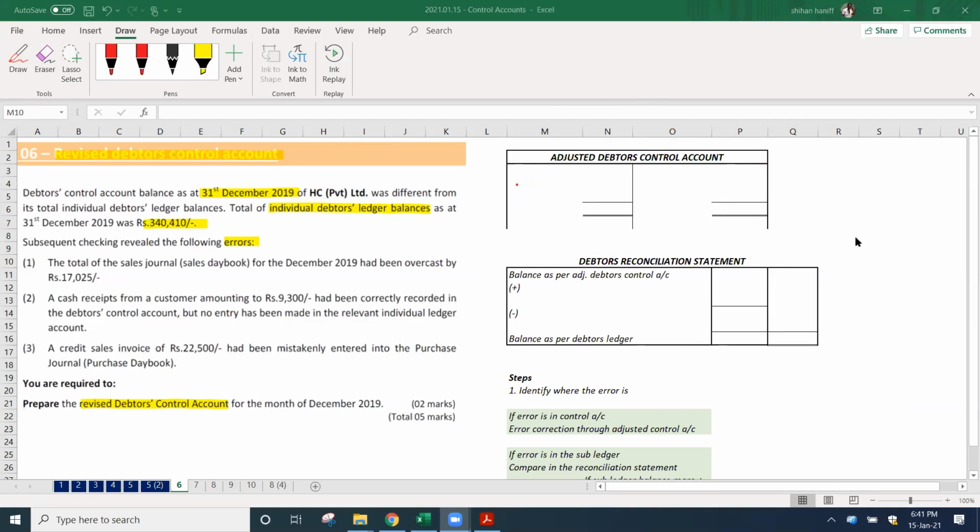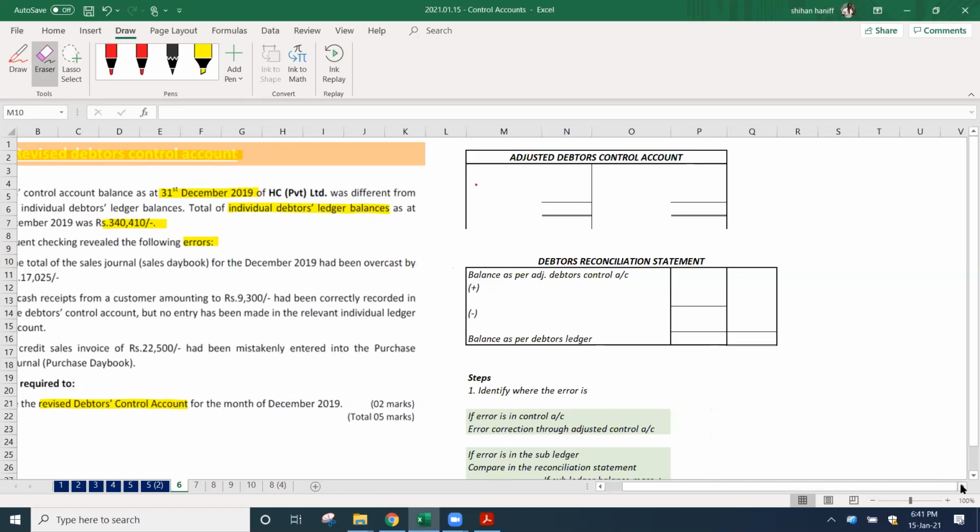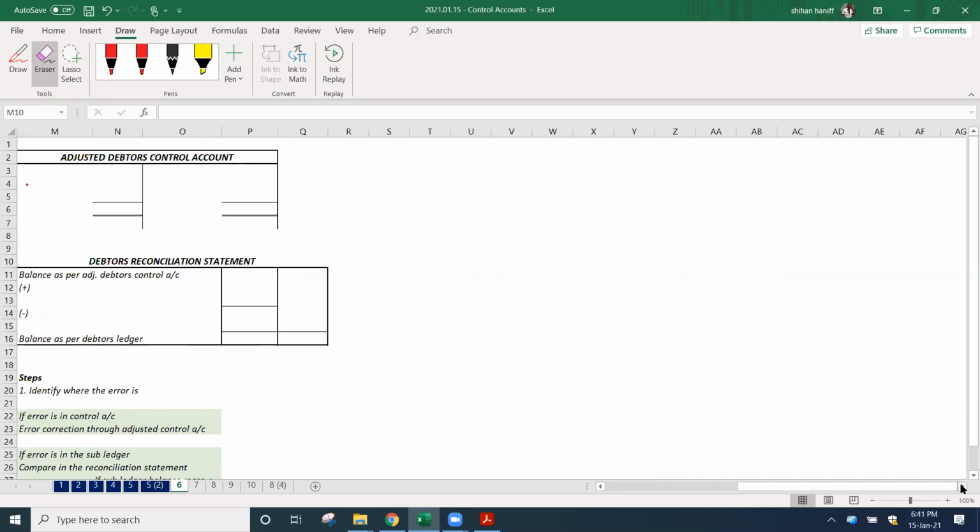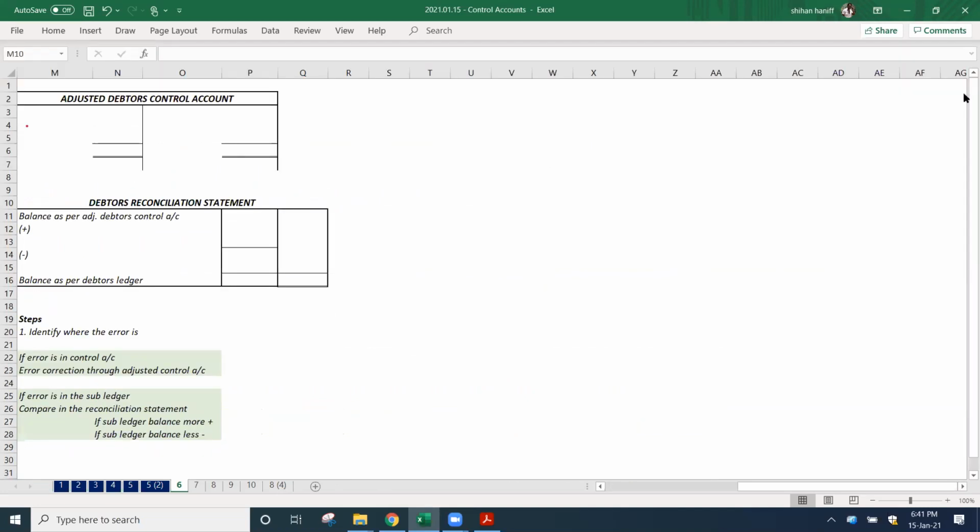So when it comes to the reconciliation, what you need to understand is this part. Now we have the error.